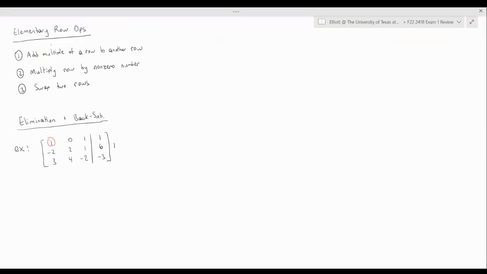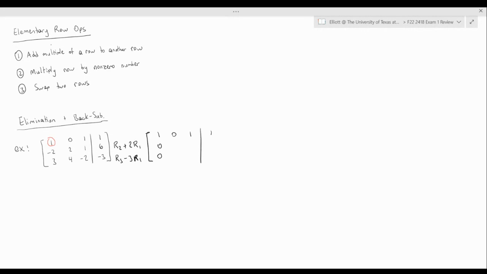To do that, we can take the second row and add 2 times row 1 to row 2. And to eliminate the 3 in the third row, we can take row 3 minus 3 times row 1. So that's going to produce zeros in the first column now.